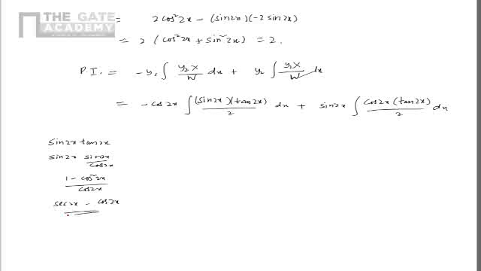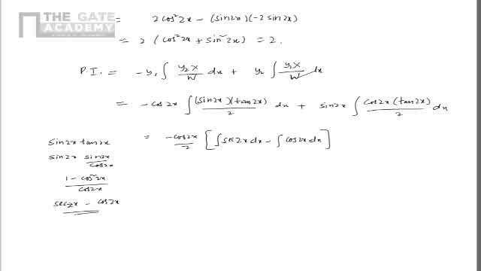Because now that I have separated, I know the individual integrals. Integral of secant x is log of secant x plus tan x. Integral of cos 2x is basically sin 2x. So in that form I can just substitute now. Let me take out 2 common. I can write integral secant 2x dx minus integral cos 2x dx.